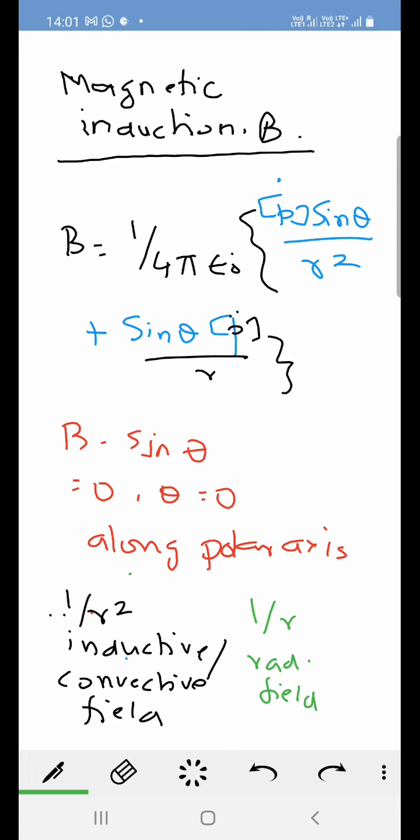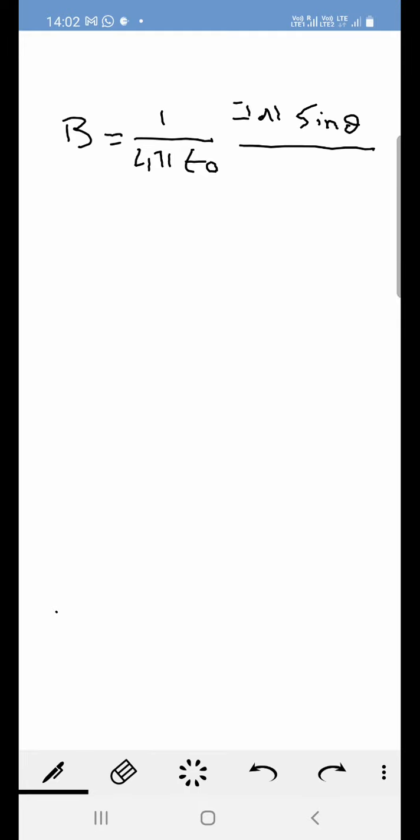If we draw an analogy with the magnetic field and the electric field, we can show that B is equal to 1 by 4 pi epsilon 0 into I dl sine theta by r square into n into phi.